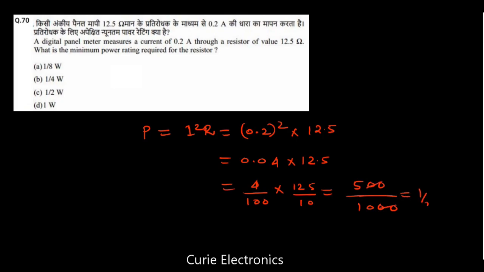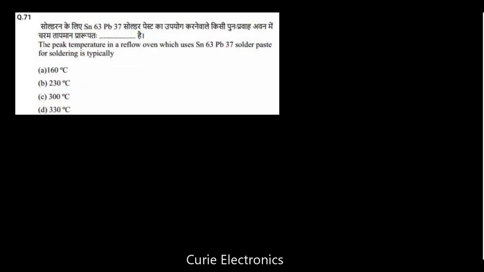So power is half watt. So the minimum power rating required for the resistor is half watt, because half watt of power is getting dissipated in the resistor. Right guys?